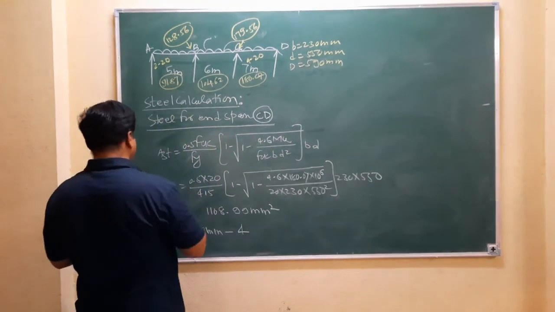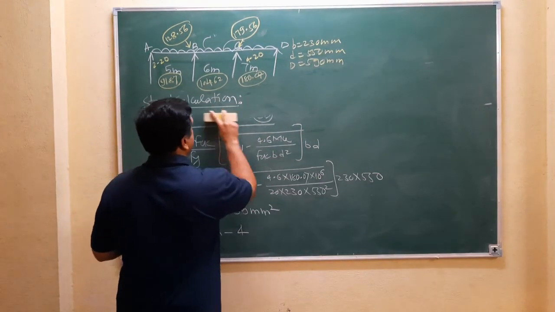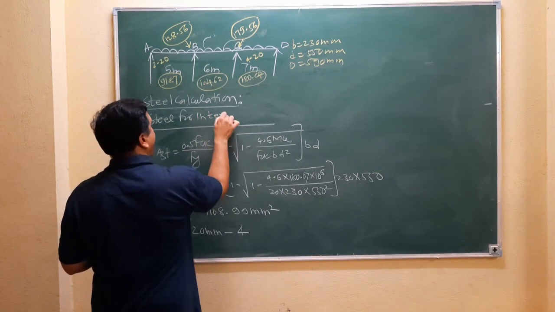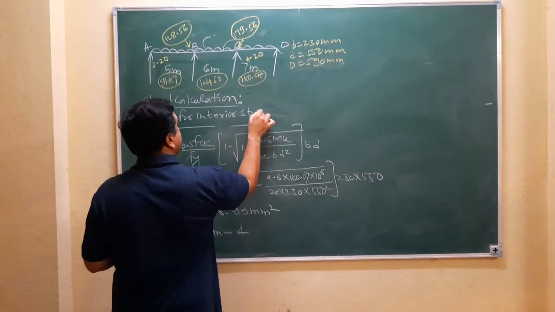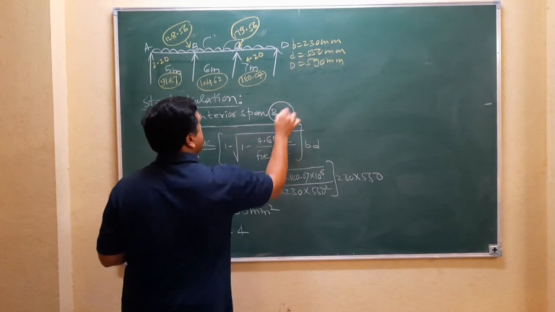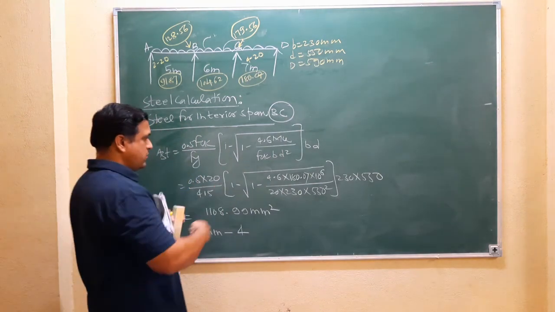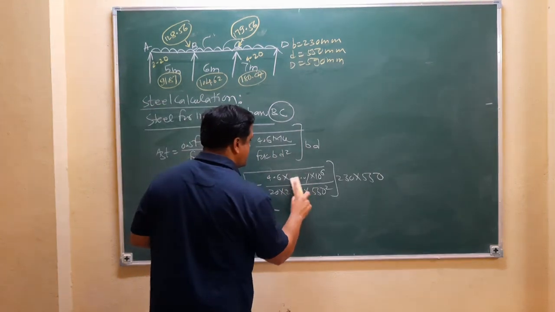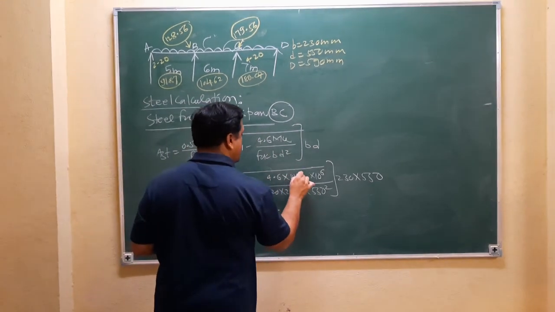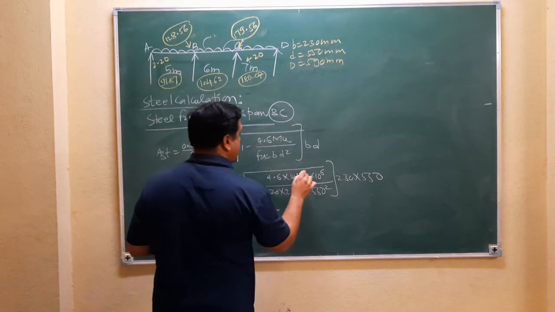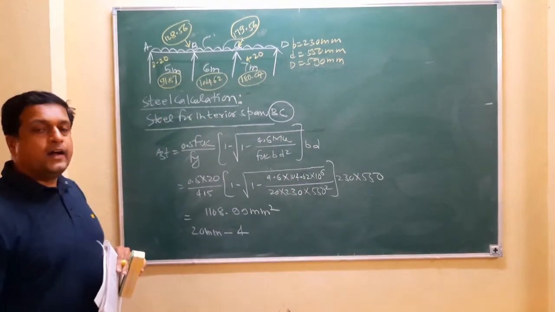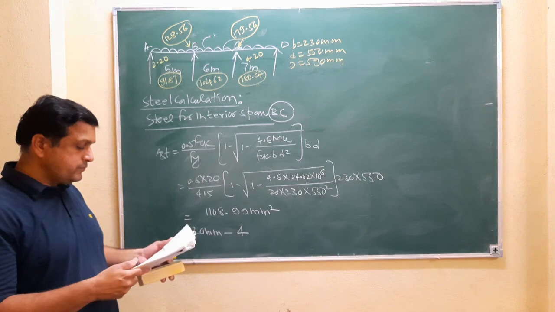Now, steel for interior span BC. Same formula, only you have to change the bending moment value, which is 104.62 kilonewton meter.